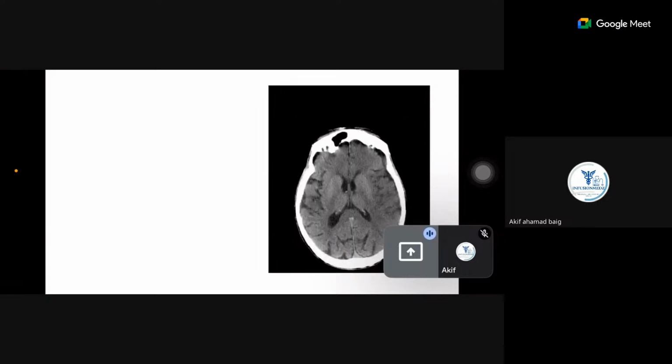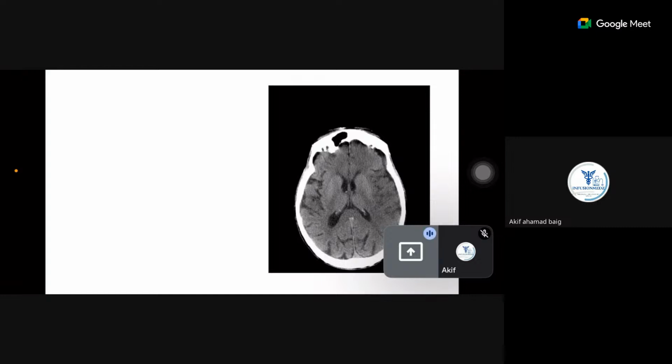What is this? This is a little tougher one. If you answer the first one, they'll give you the next one, which is a little bit tough. Here you see the insula, the innermost zone, where the contour is lost.